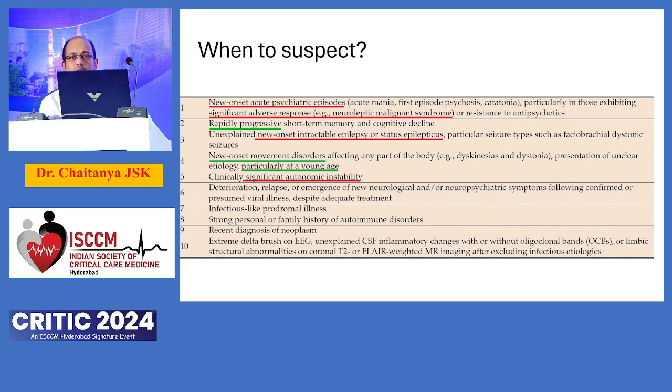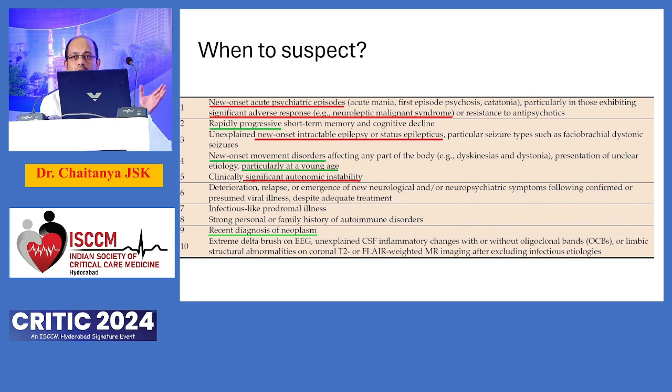New movement disorders, especially in younger age groups. We all know that for movement disorders in young age, the common cause is drugs. If we rule them out and don't find a cause, we should have autoimmune encephalitis in our differentials. If there is progressive deterioration of the patient's symptoms or imaging in spite of your treatment or management of your differentials, we should think of autoimmune encephalitis.